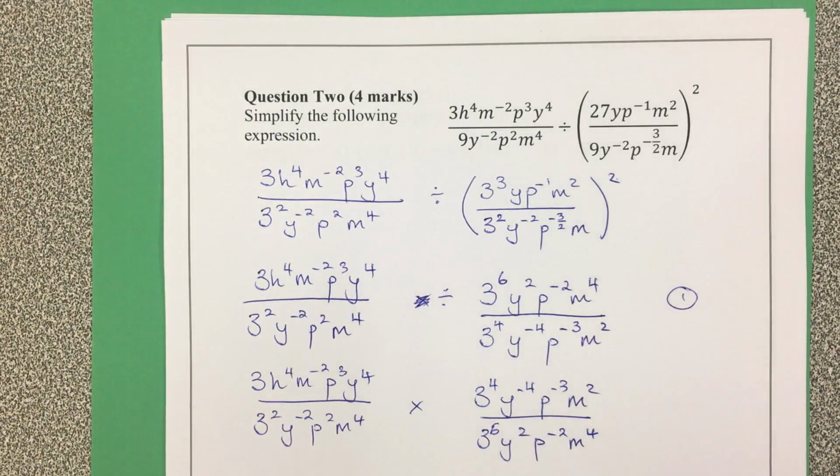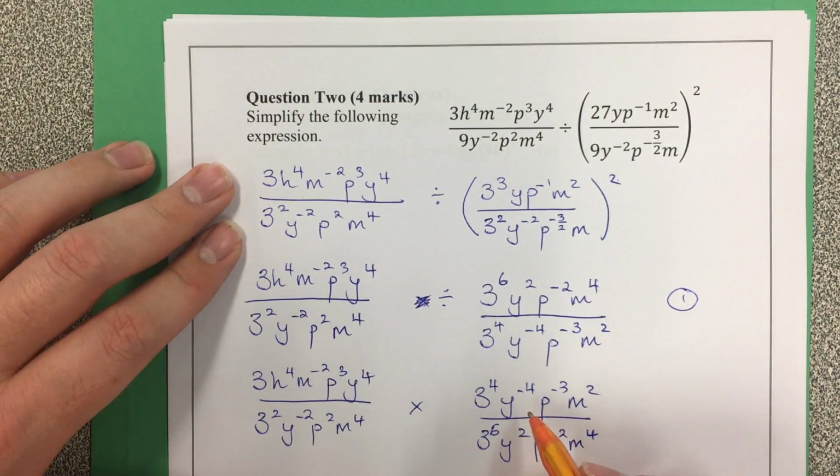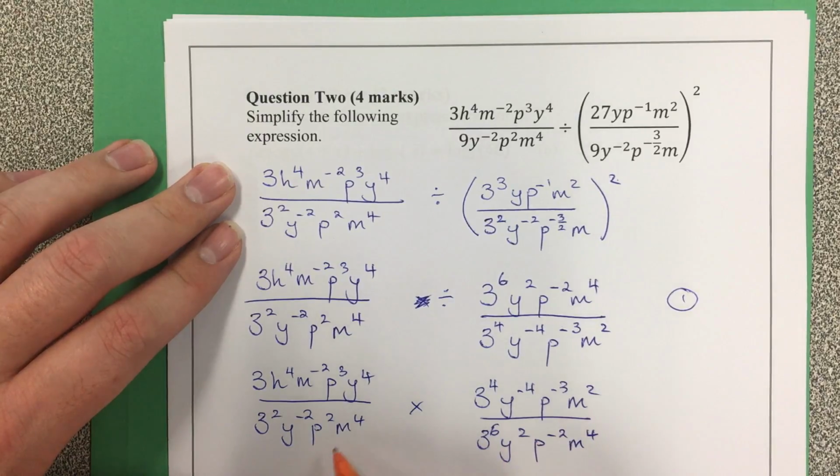Now at this point, I can go and cancel some things out. So we'll see if we can find anything that is identical. That would be the first thing that I would try.